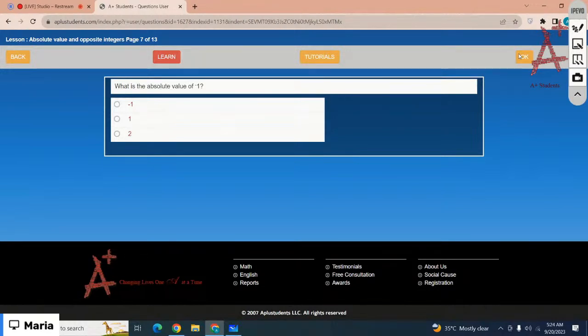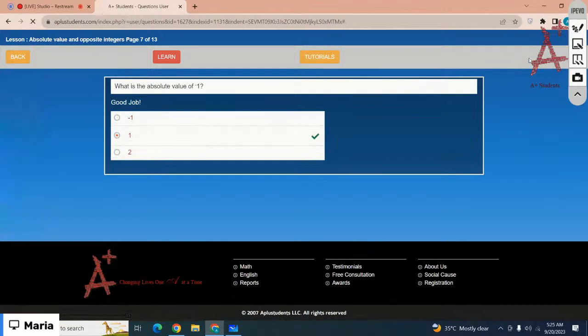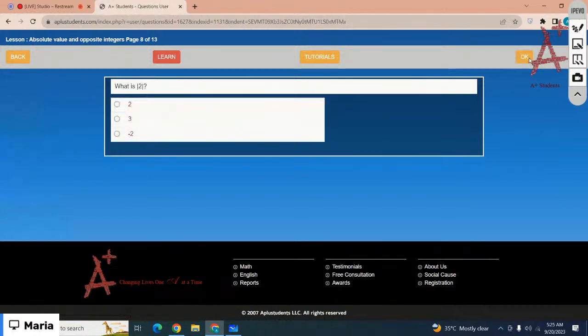It is positive 1, right? What is the absolute value of 2? It is positive 2. Very good.